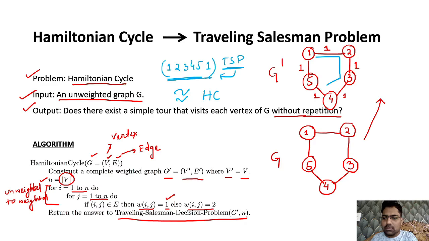This Hamiltonian cycle is possible because we started from one end. As I started from 1, I ended with that one. If you start from 2, 3, 4, 5, then 2 also you can end with this one. If you start from 3, you can come towards 3 also. But repetition is not possible. Only one repetition we are allowing, for the same vertex where you started. That is what the TSP is saying.